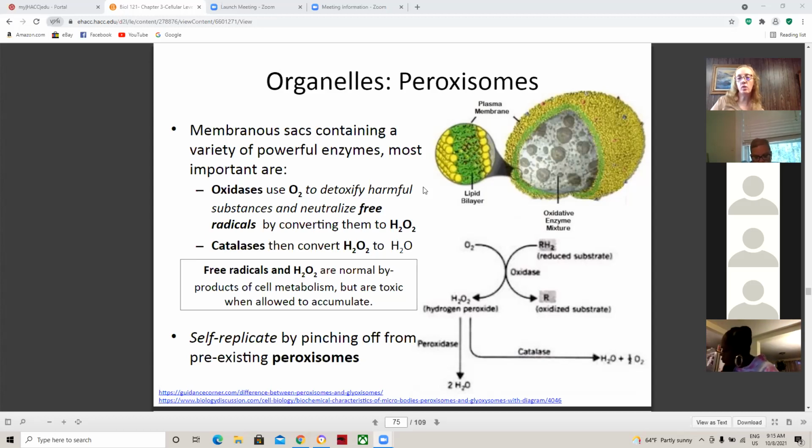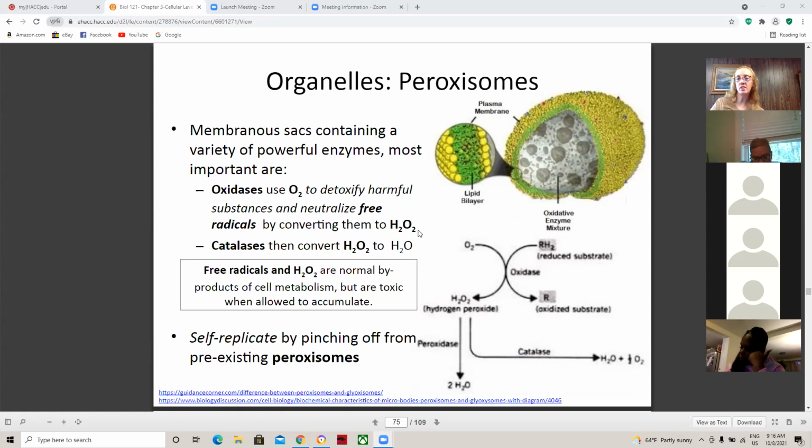However, because we're constantly creating them through regular processes like cellular respiration, we have to have an organelle that is going to neutralize them. That's what peroxisomes do. So peroxisomes neutralize free radicals by converting them to hydrogen peroxide. We all know what hydrogen peroxide is for the most part.